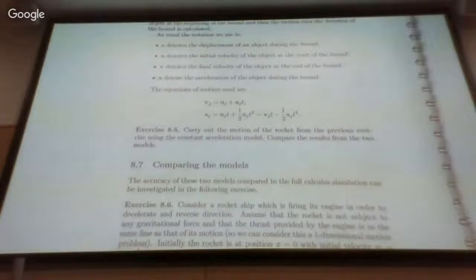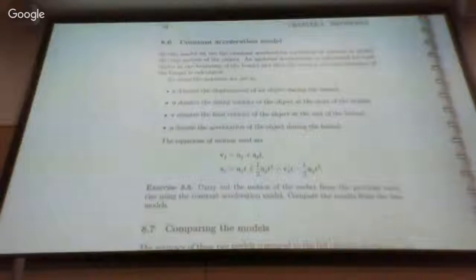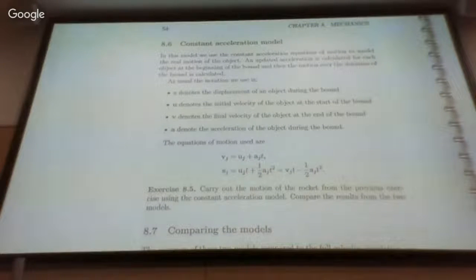Now, the constant acceleration model is more detailed. So here again, Sj is the displacement of object j during the bound.